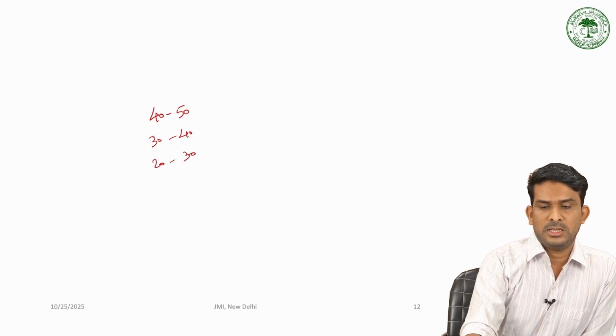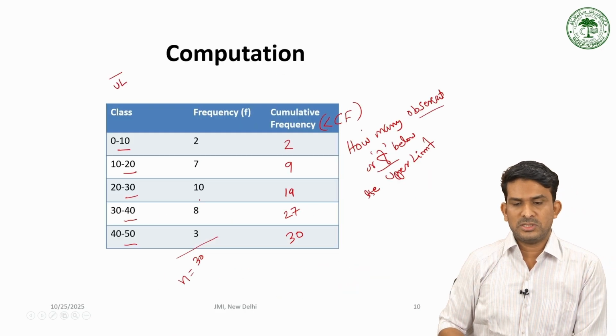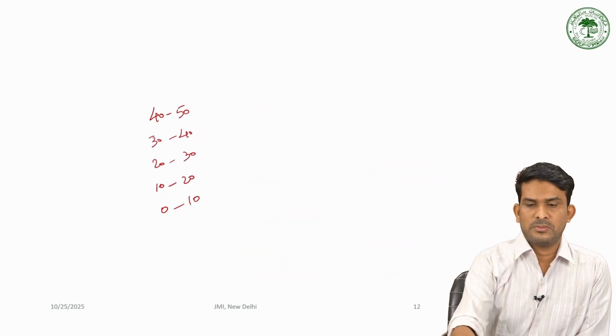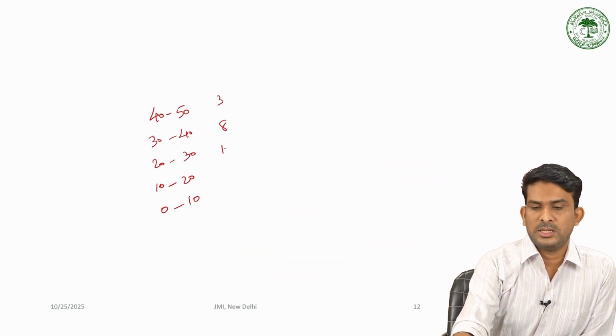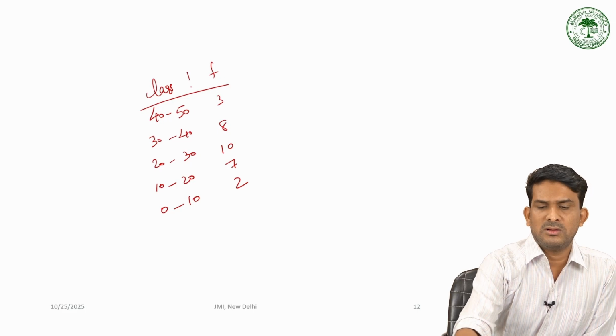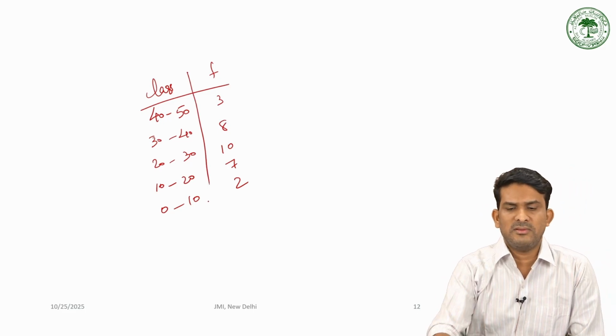See, 40 to 50, 30 to 40, 20 to 30, 10 to 20, 0 to 10. This is the way, and again the frequencies 3, 8, 10, 7, 2. This way it is given. So both ways we can give the frequency distribution. Any way you can do that.